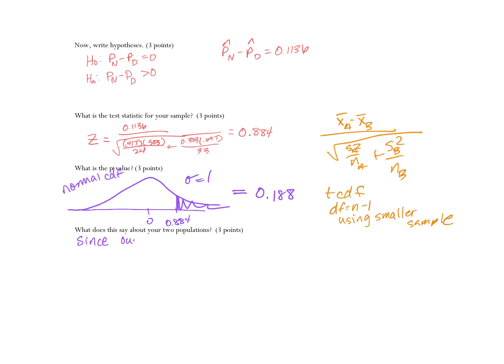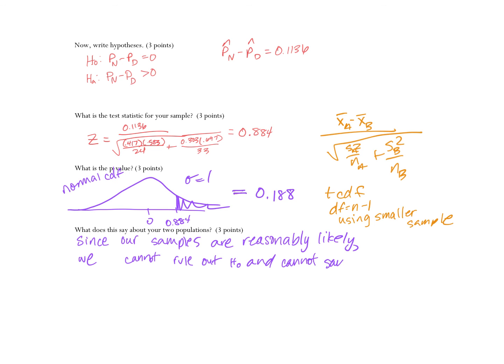Since our sample is reasonably likely, we cannot rule out H0 and cannot say there is a difference.